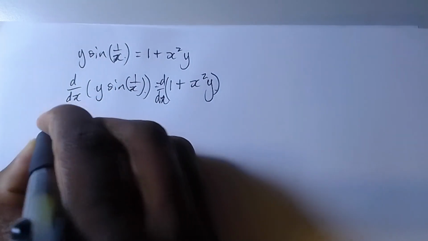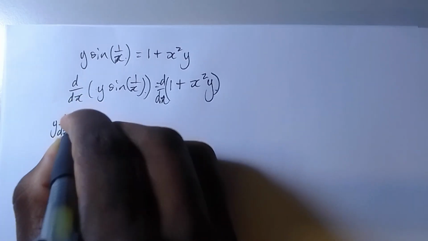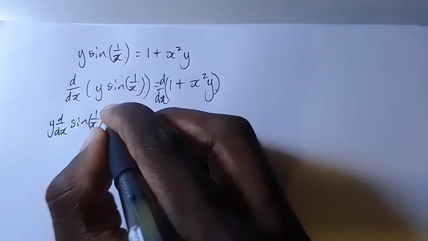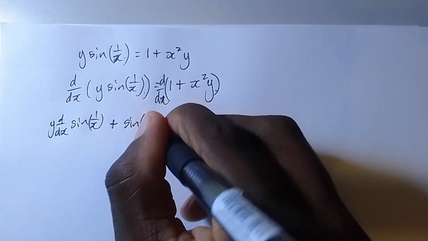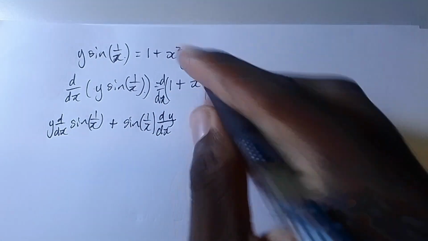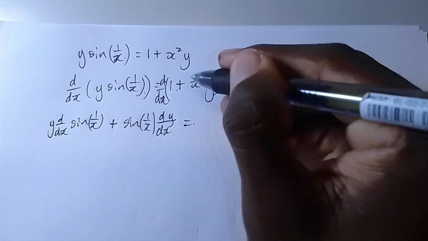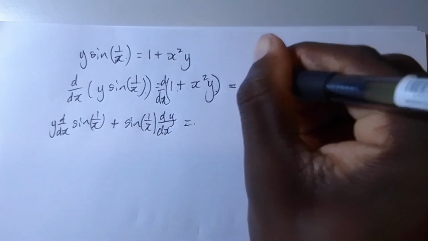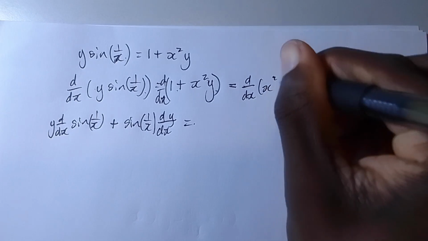The product rule says y times d on dx of sine 1 over x plus sine 1 over x times d on dx of y. And then this side, the derivative of 1 is 0. This will actually be the equivalent to the derivative of x squared y.